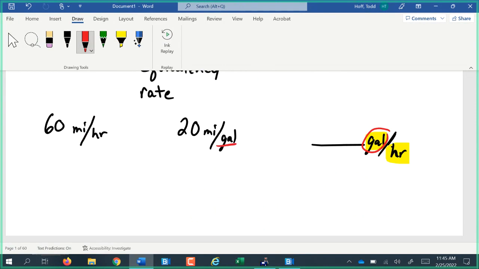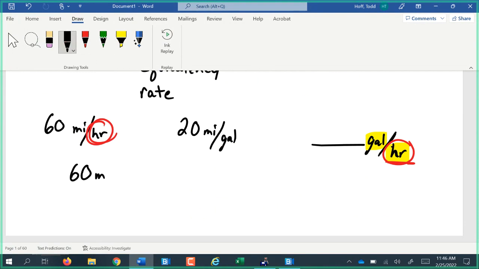We look over here, this has gallons in the denominator. That's not where we want it. And there isn't gallons in the other unit at all. So let's look at the hours. Here we have hours in the denominator of our result. We look back here, hours is also in the denominator. That tells us that's the unit we're going to use. We're going to start off with that 60 miles per hour.